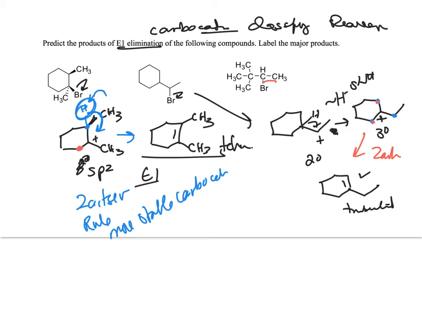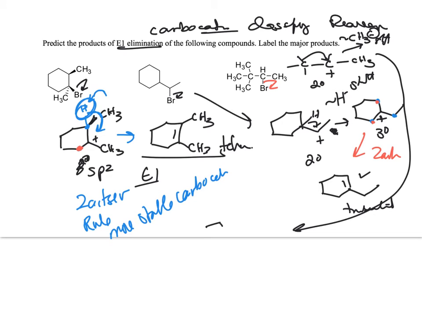Here, this bromine leaves, and you get a secondary carbocation. If you get a hydride shift, methyl shift, then you come down here, like that CH3 switches places with your carbocation, and then this could take a hydrogen from this carbon, or from this carbon.